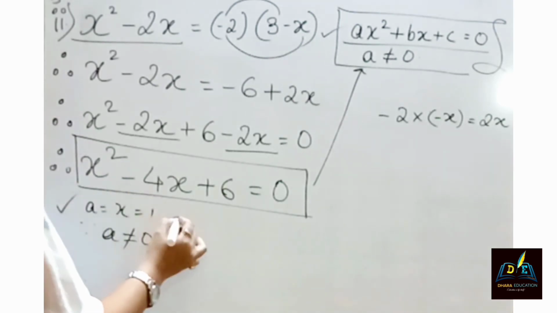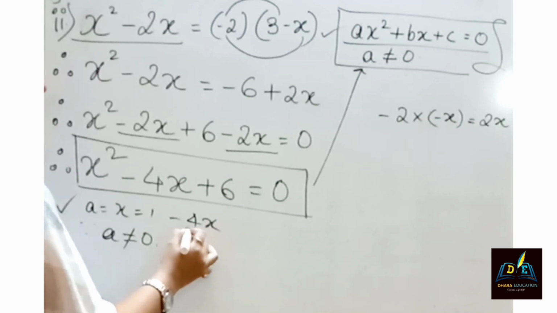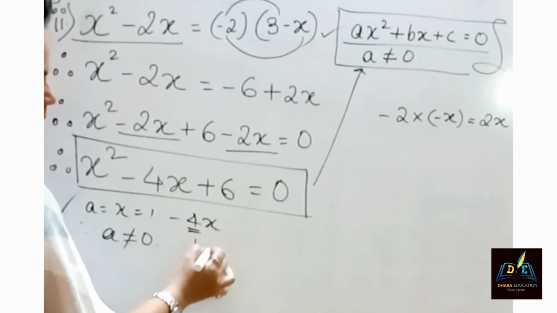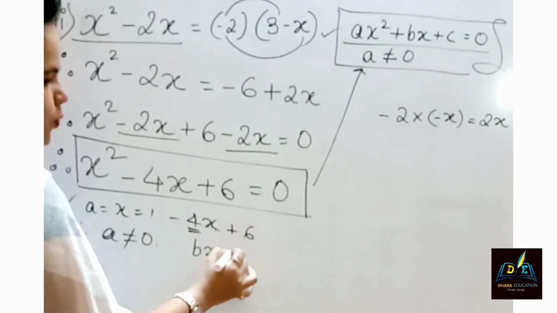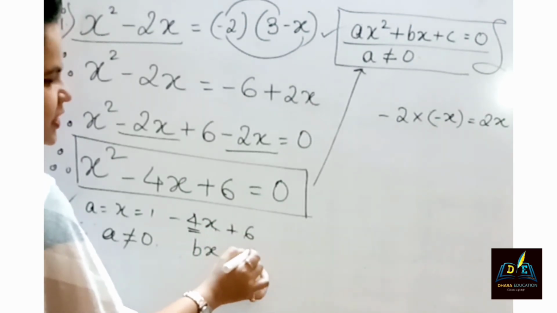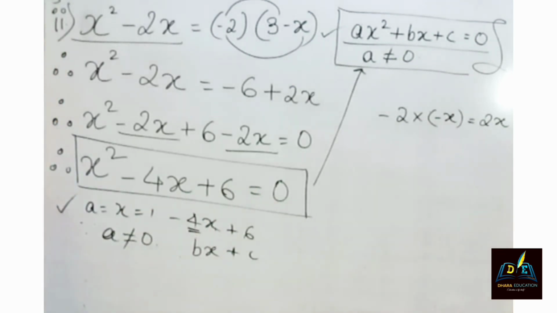On the other hand, it is written minus 4x, which means 4 is b, and x is x as it is. And plus 6 is the constant value, c is equal to 6. So we are fulfilling all the criteria for this equation to be a quadratic equation. Hence it is concluded that this is a quadratic equation.